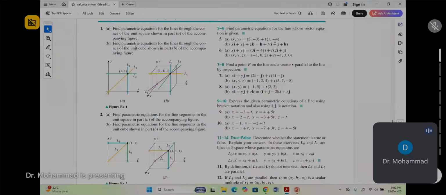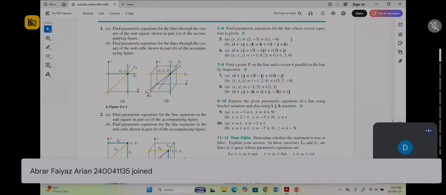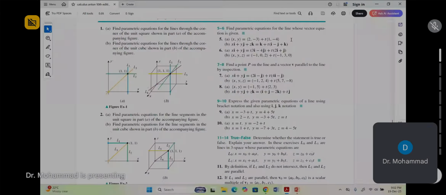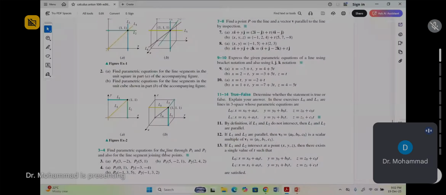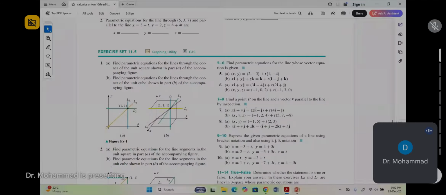So we have the vector equation right now, and we need to find the parametric equation. But in problem number 3 and 4, we have the 2 points, and from these 2 points, we find the parametric equation. So now look at problem number 6.